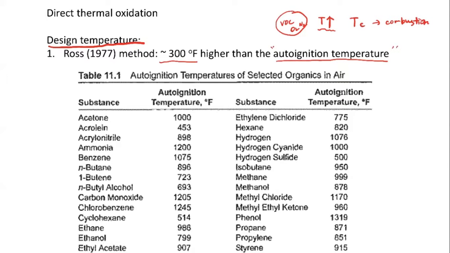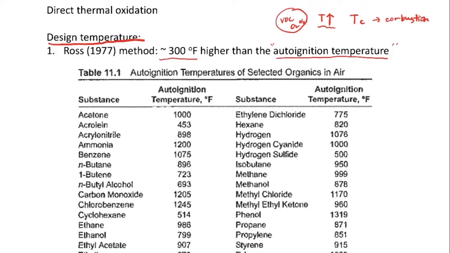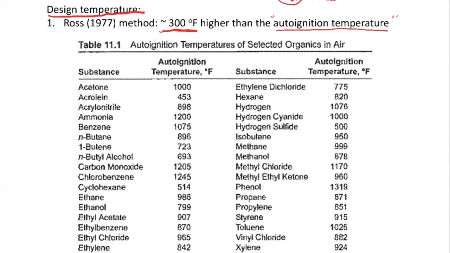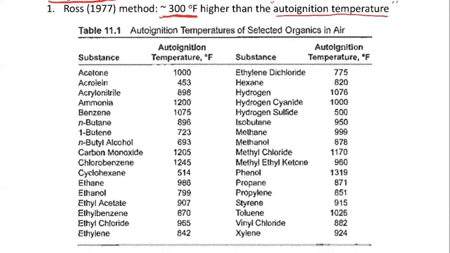And what the Ross method defines is that the optimal direct thermal oxidation temperature should be around 300 Fahrenheit higher than this auto-ignition temperature. Okay, so our textbook is showing the auto-ignition temperature of some selected organics or VOCs in air. So these are all the auto-ignition temperatures.